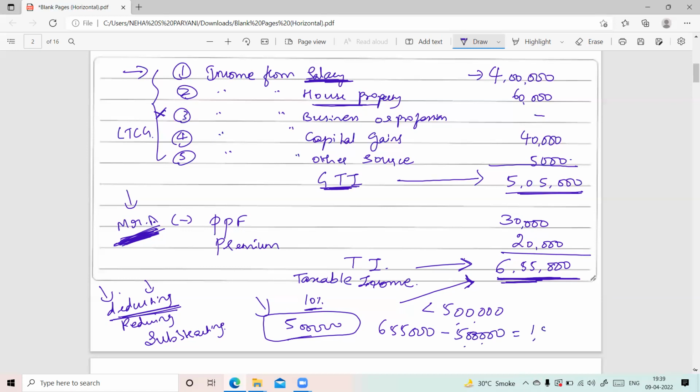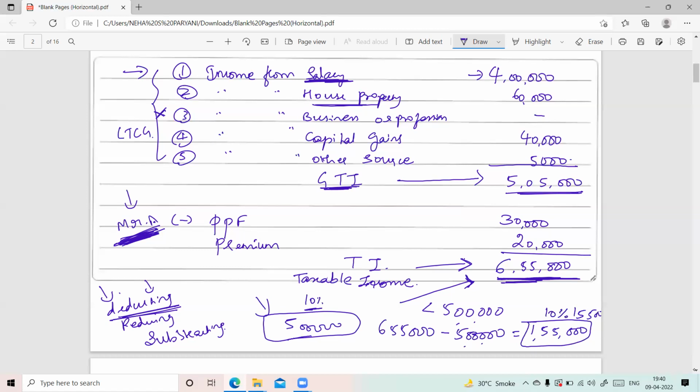So on the remaining 1,55,000 rupees, Mr. A has to pay 10% income tax to the income tax department, which is nothing but 15,500 rupees. Clear? This is how the income is calculated.